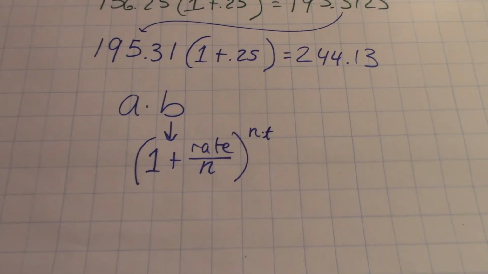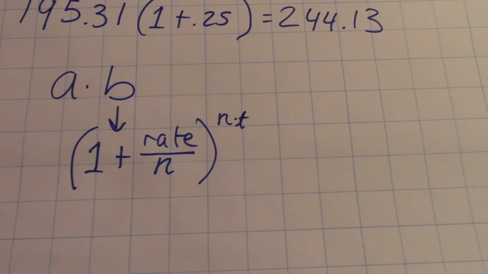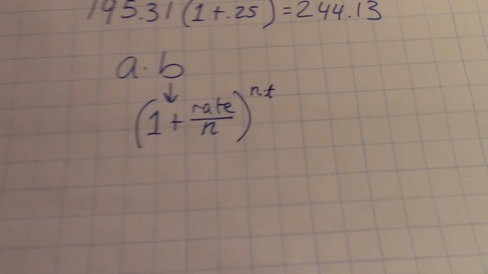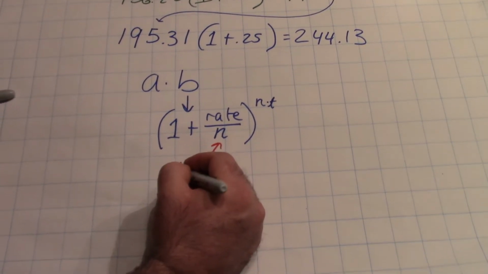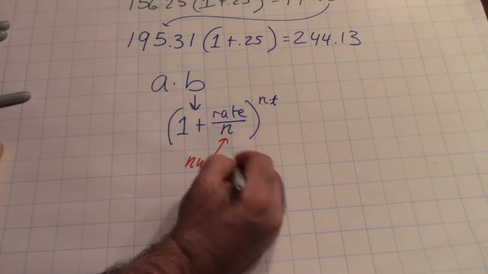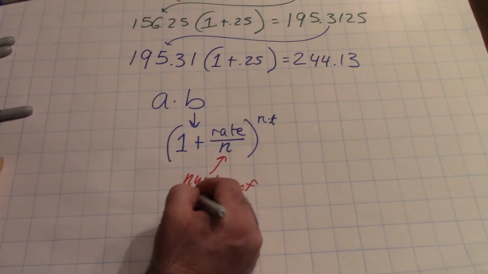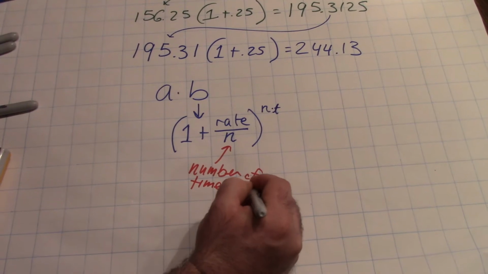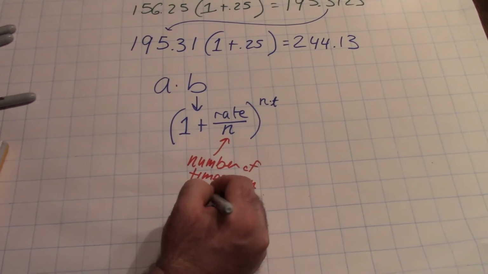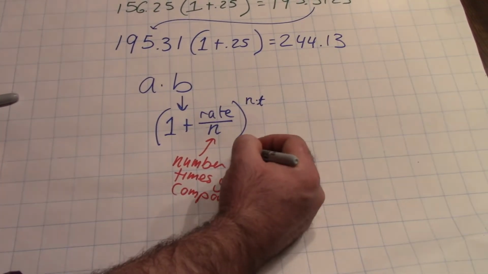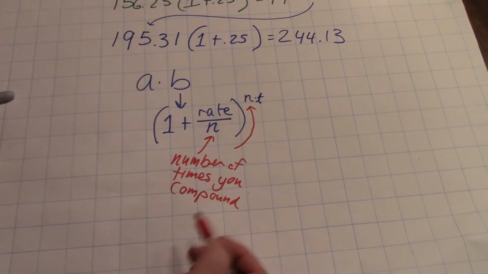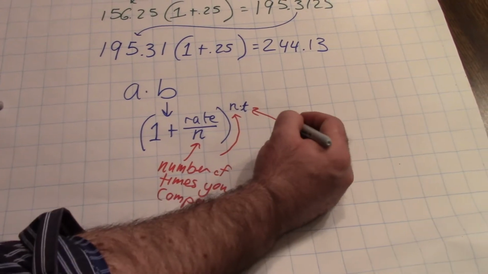And yes, I use a cursive T so it doesn't look like a plus sign. Cute. Okay? So keep in mind n is the number of times you compound and that's the same number here, whatever that is. And T is usually years.